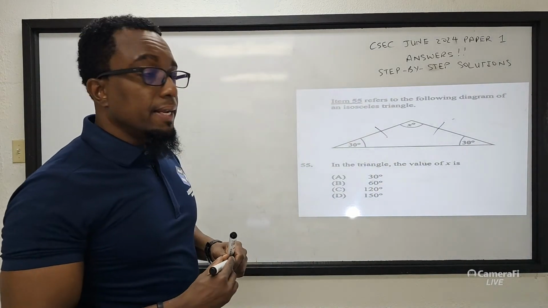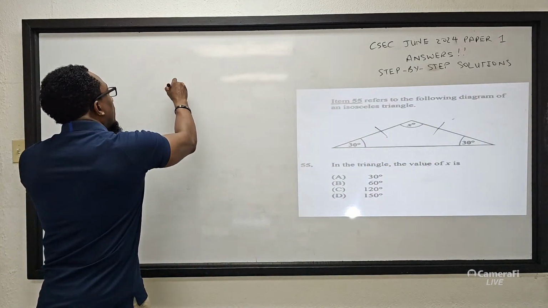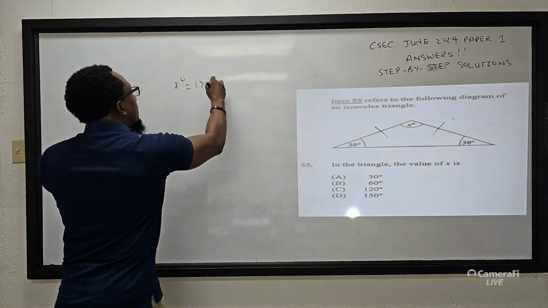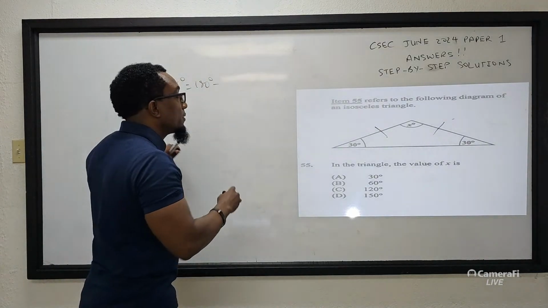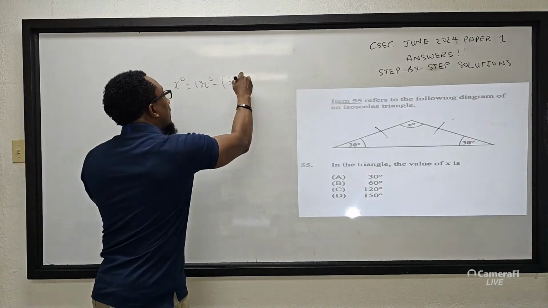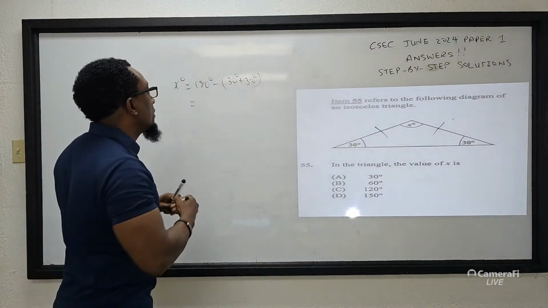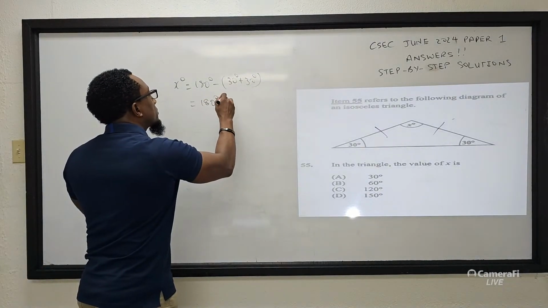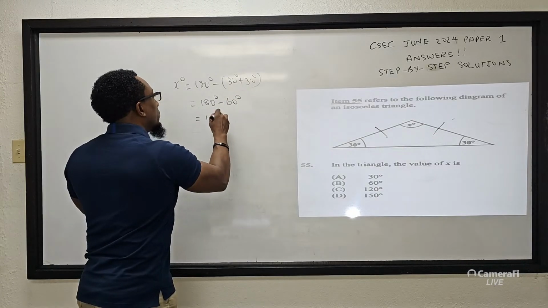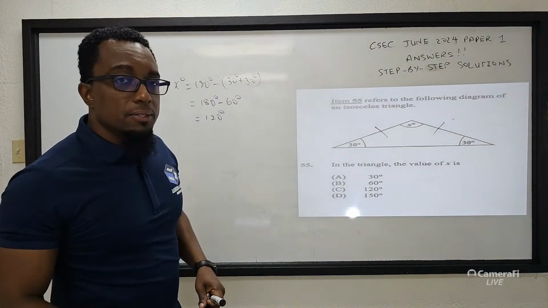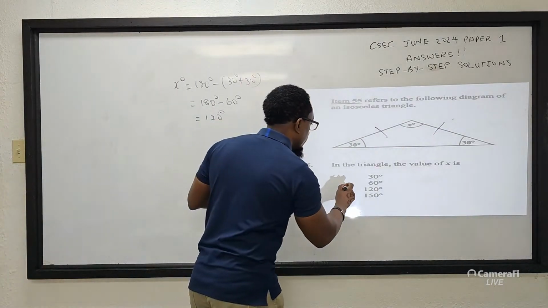So it's easy to find x. x will be equal to 180 degrees, and the sum of the three interior angles of a triangle is 180 degrees. So it's simply 180 subtract 60, which is 120 degrees, whose answer for 55 is C.